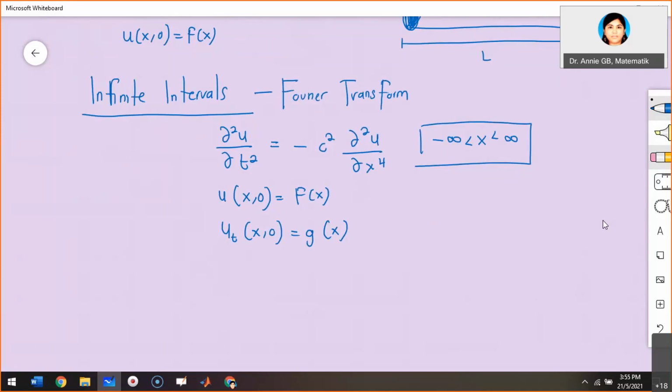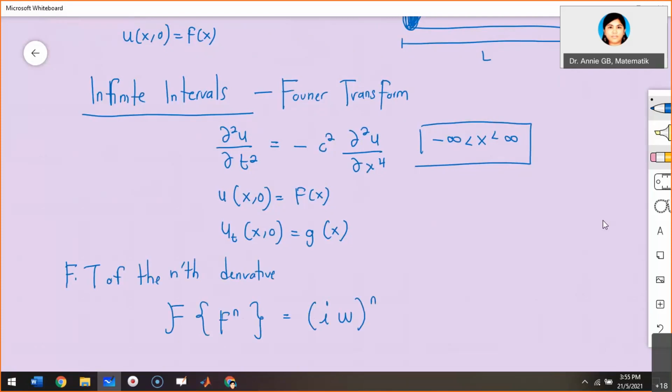Okay, yang saya akan menggunakan adalah this one. Kalau f something like this, kita panggil dia Fourier transform of the nth derivative. So notation dia macam ni, kalau dia f of n, kita akan gunakan equation ni: (i omega)^n f hat omega.